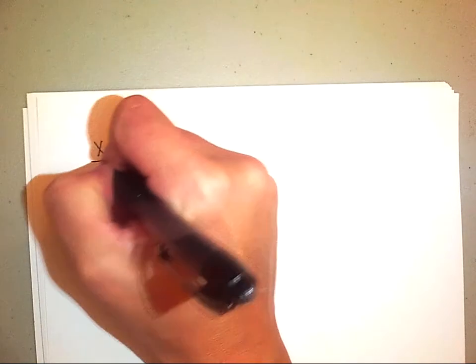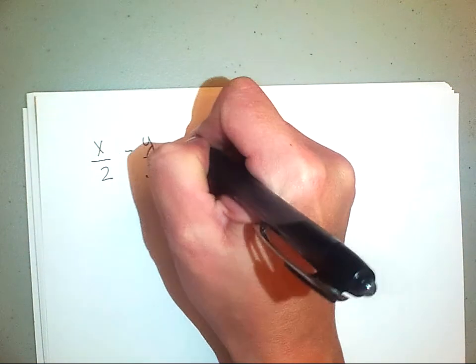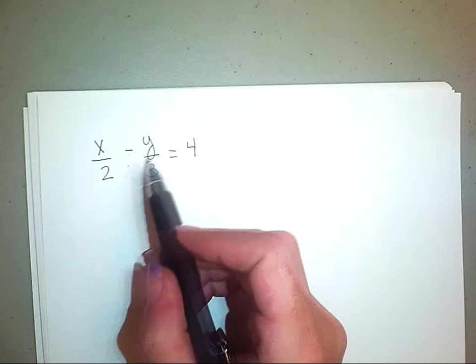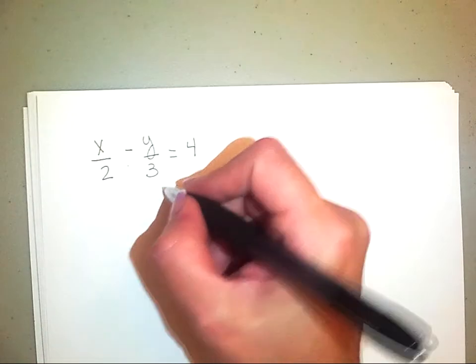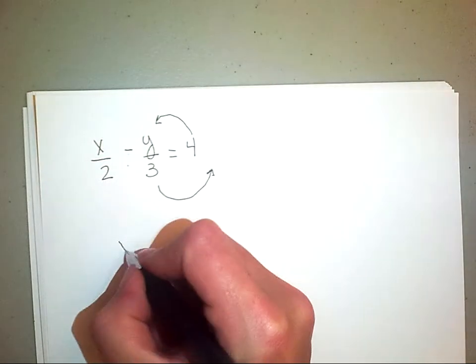Okay, let's do the last one. X over 2 minus y over 3 is equal to 4. Again, we have this minus y and we're solving for y. So let's move that over to this side and the 4 over here.